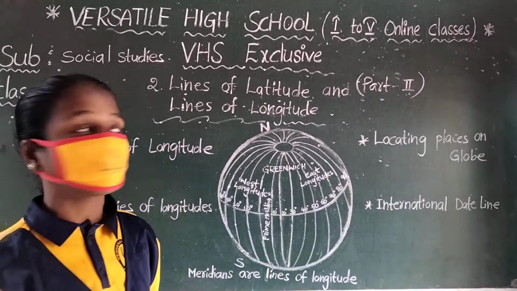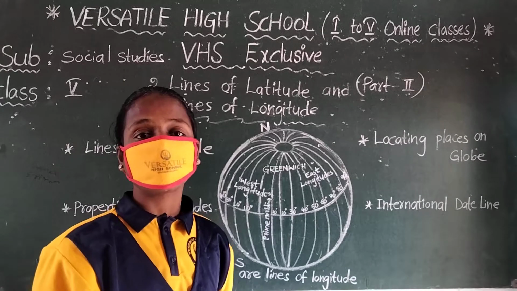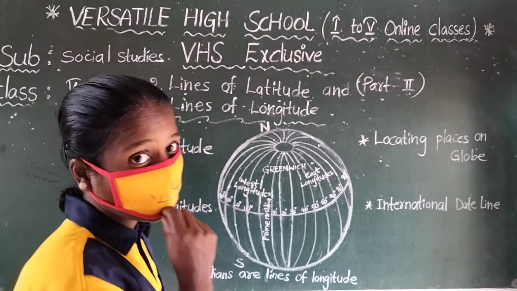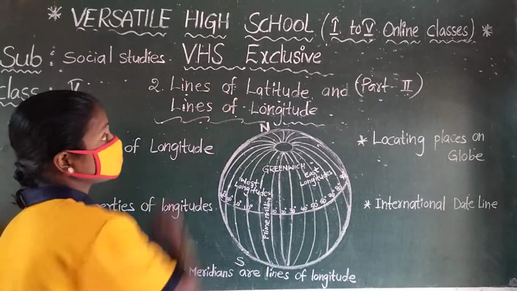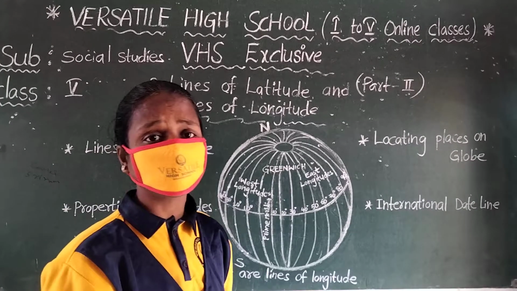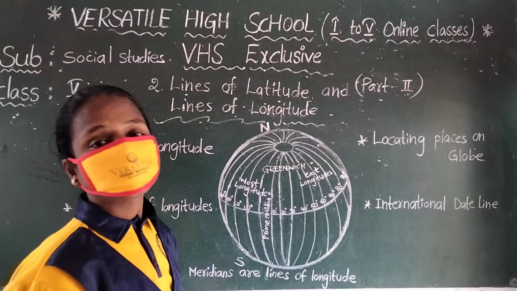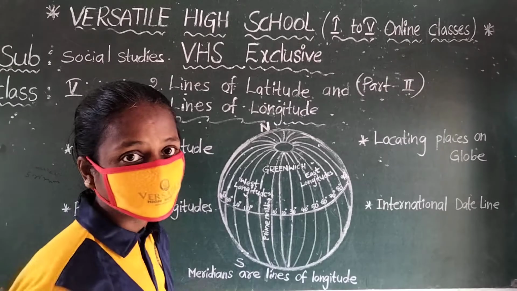These lines are called lines of longitude. The lines passing from east to west are called lines of latitude. But in this one, the lines run from north to south. Those lines are called lines of longitude.